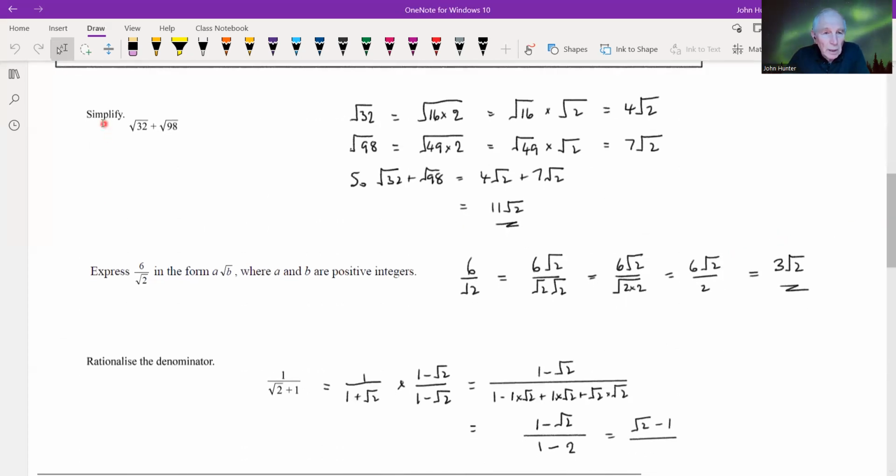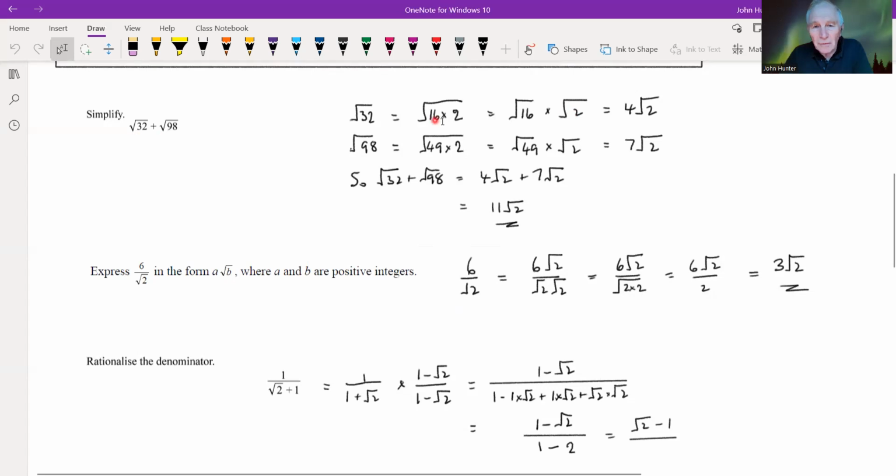All right, so simplify the square root of 32 plus the square root of 98. Let's look at each of these in turn, because for the square root of 32, we can just break this up under the square root sign. The key thing here is that the square root of 16 times 2 is equal to the square root of 16 times the square root of 2.